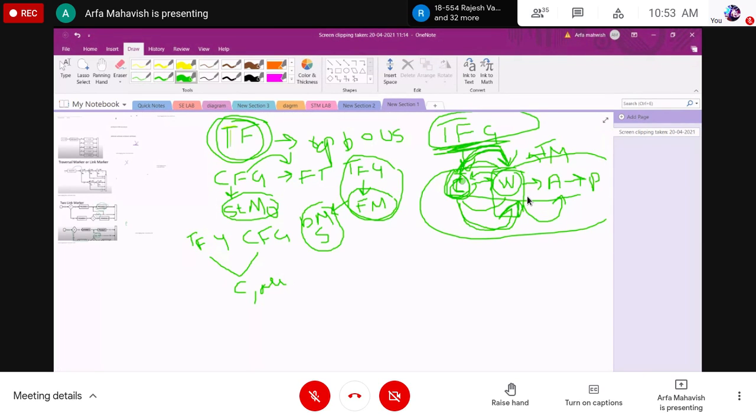So every transaction has two stages, the birth and the death. Every transaction has a starting stage and an ending stage. The starting stage is called the birth stage, and this stage is called the end stage.